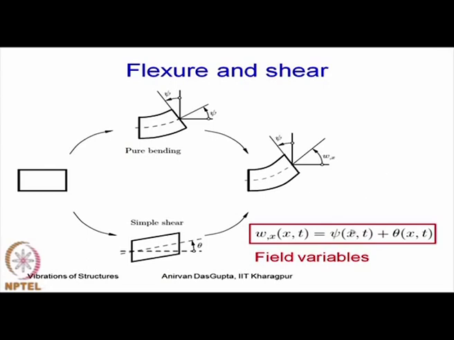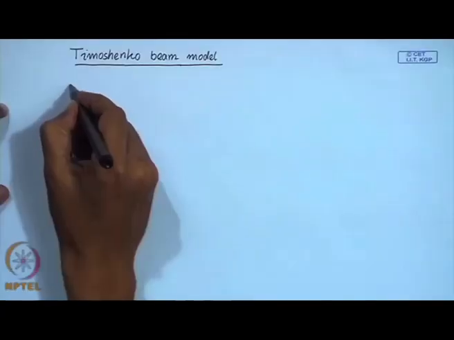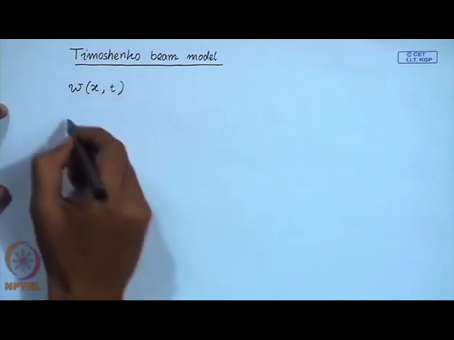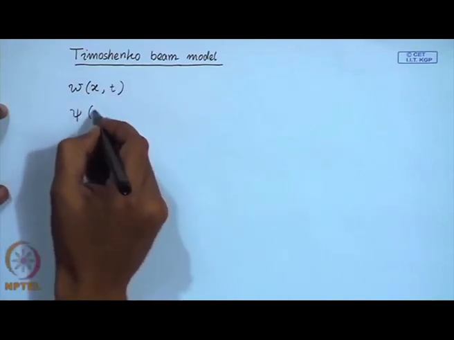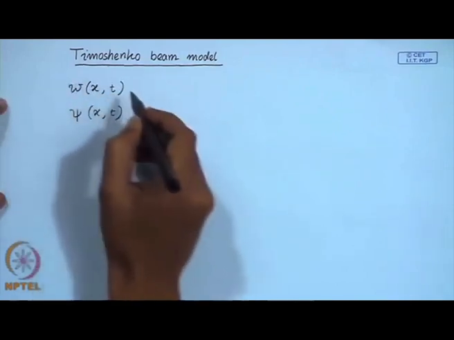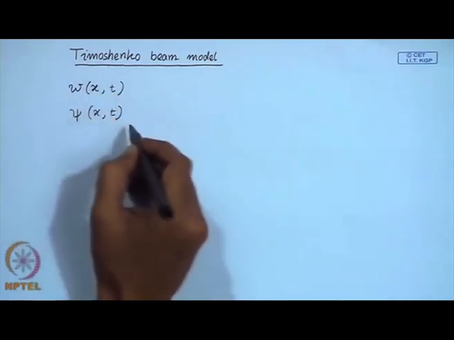We can use any two of them. What we will do is choose w and psi as our field variables. This is the transverse deflection and this is the flexure angle.